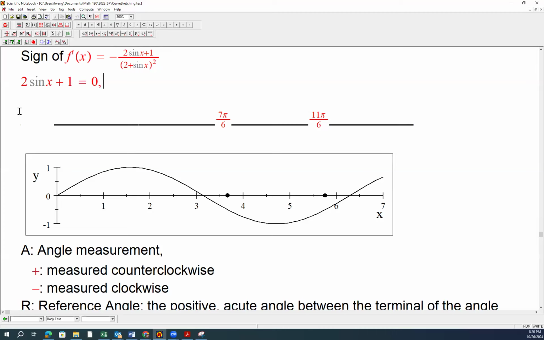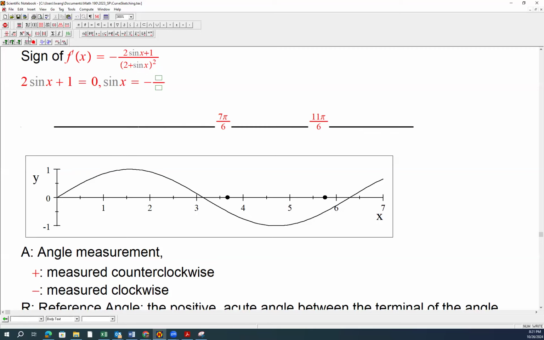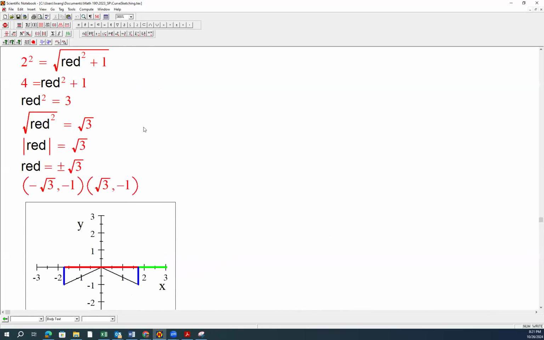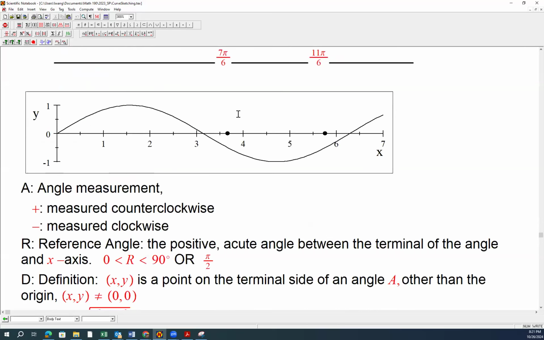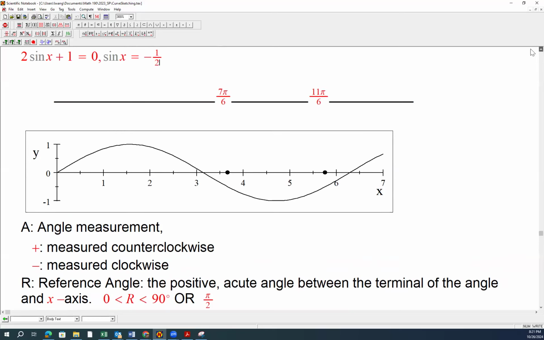When we have it equal to 0, remember we solve for sine x, and that equals negative one half. The work we did above is just to get these two angles. Once we find these 2 angles, there are a lot of other angles. So that's just one case.